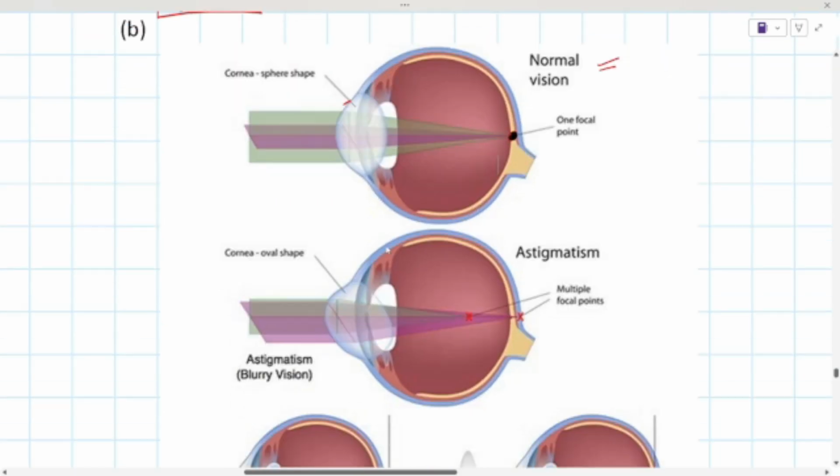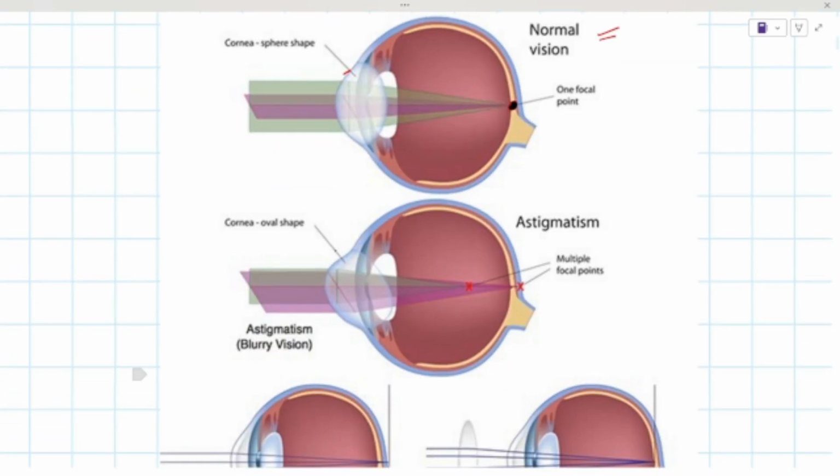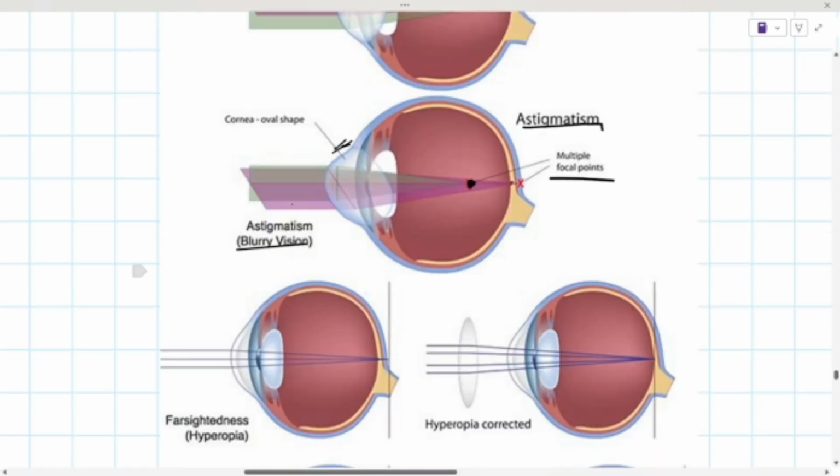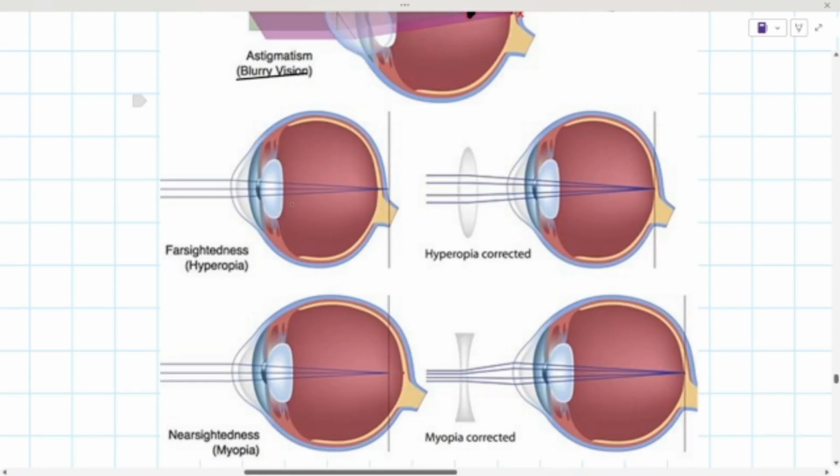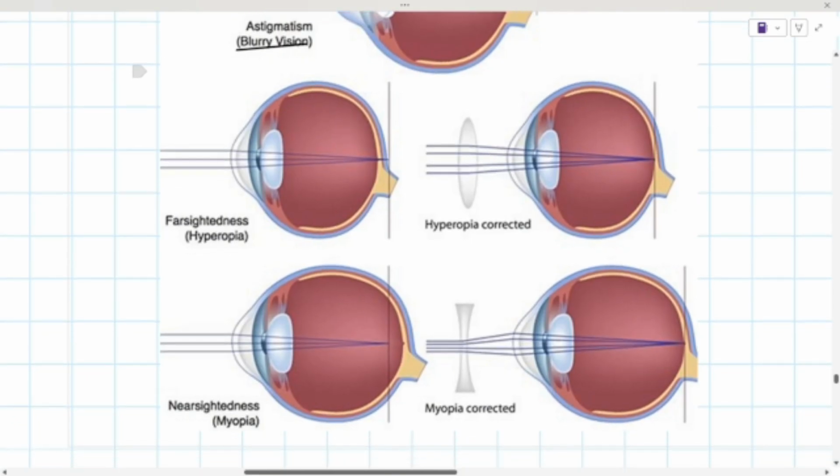After that, with an irregular cornea, vision is blurry. So when the focus is not on the retina, but before or behind it, there will be multiple focus points. So now the correction for it.